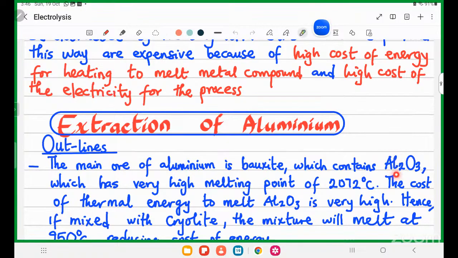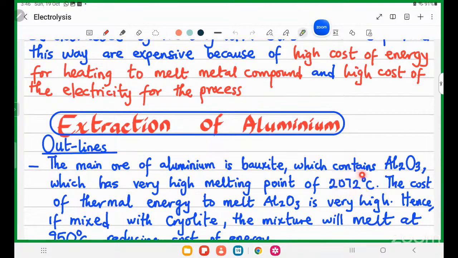We want to separate it from oxygen and all other impurities that could be present. Al2O3 has a very high melting point of 2072 degrees Celsius.